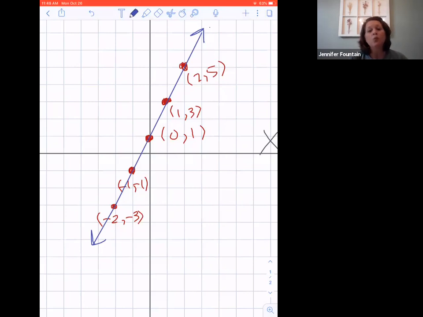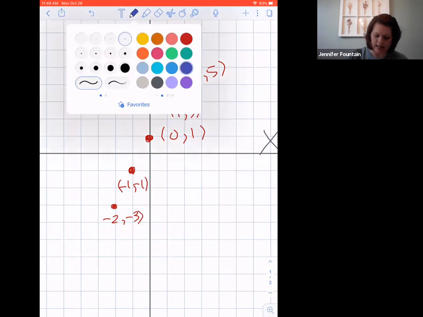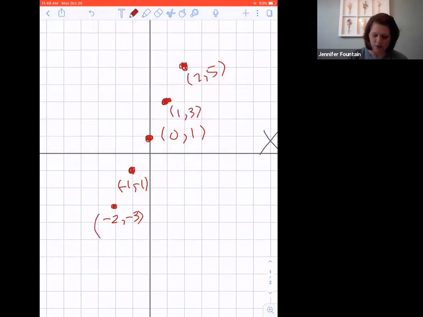Now, one of the things to be very careful of, if I'm graphing, let's say I'm going to take my line out real quick. Let's say I was graphing, and I'm going to move this -1, -1. Let's pretend I did not graph that there.